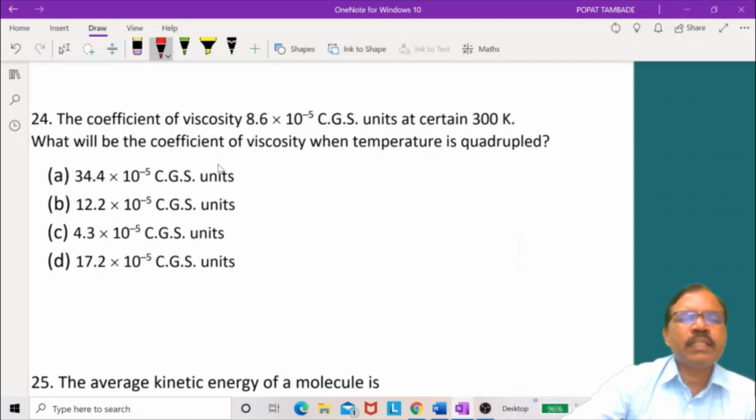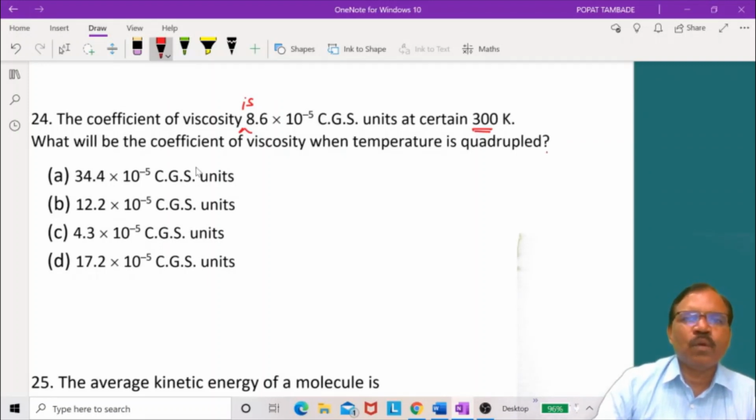Now the next one, the coefficient of viscosity is 8.6 into 10 raised to minus 5 CGS units at temperature 300 degree Kelvin. What will be the coefficient of viscosity when temperature is quadrupled?